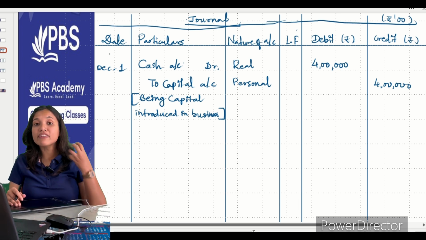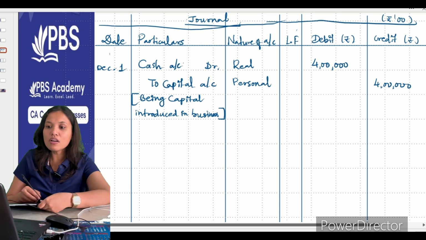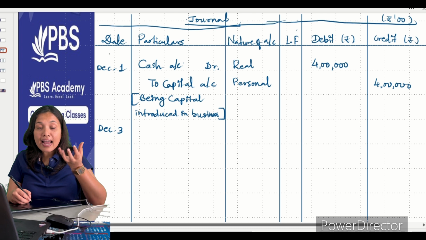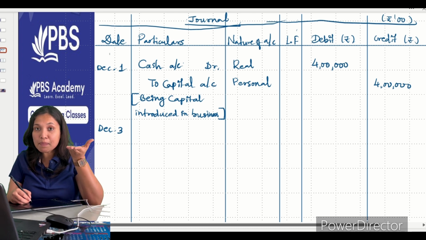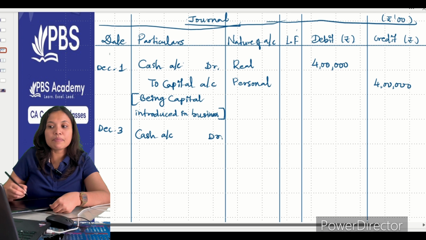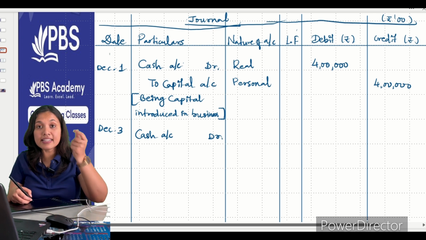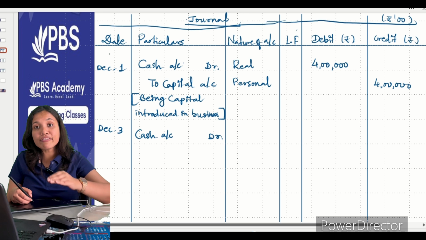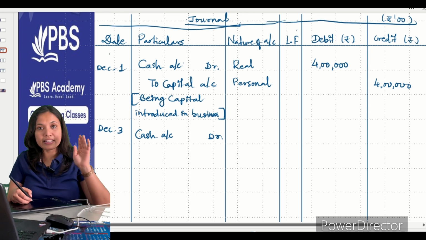So he withdrew cash from bank. So on December 3, what has happened? He withdrew cash from bank. Cash account, cash balance increasing. So cash has debit balance. It is increasing. So again, debit it. Are you clear? So cash account debit, because cash increasing. Asset if increases, we have to debit. Asset if decreases, we have to credit.